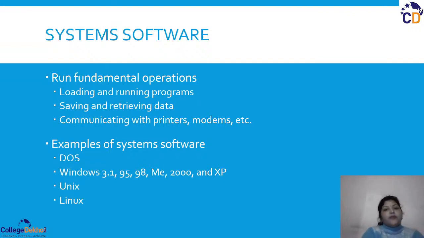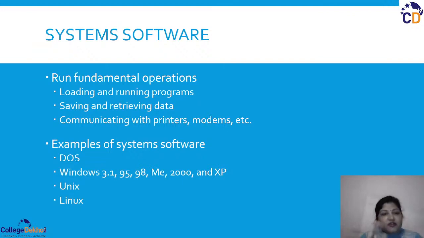So we should know system software is used for maintaining the system. Loading and running the program, saving and retrieving the data, communicating with printers, the background details. I would say the background music of the computer is system software, right? And the front end part of the computer is the application software.